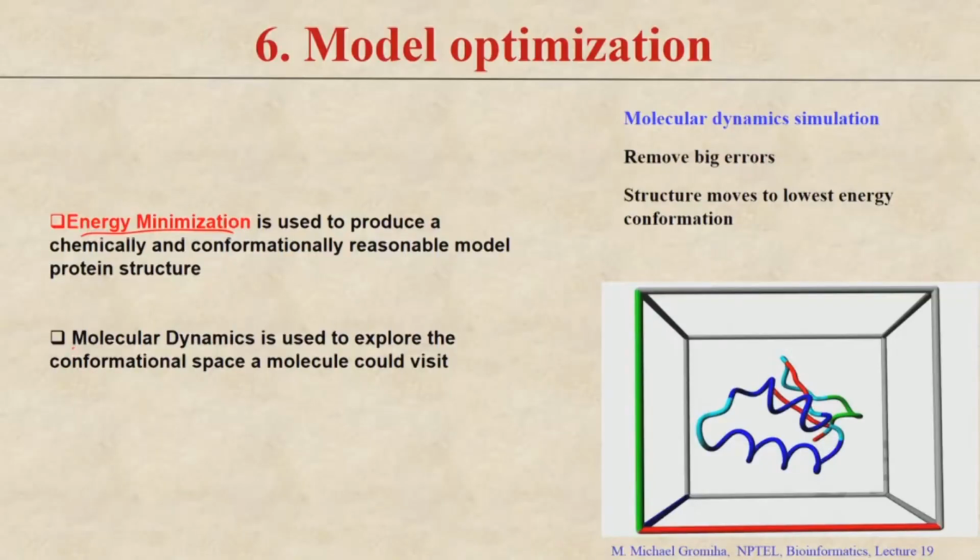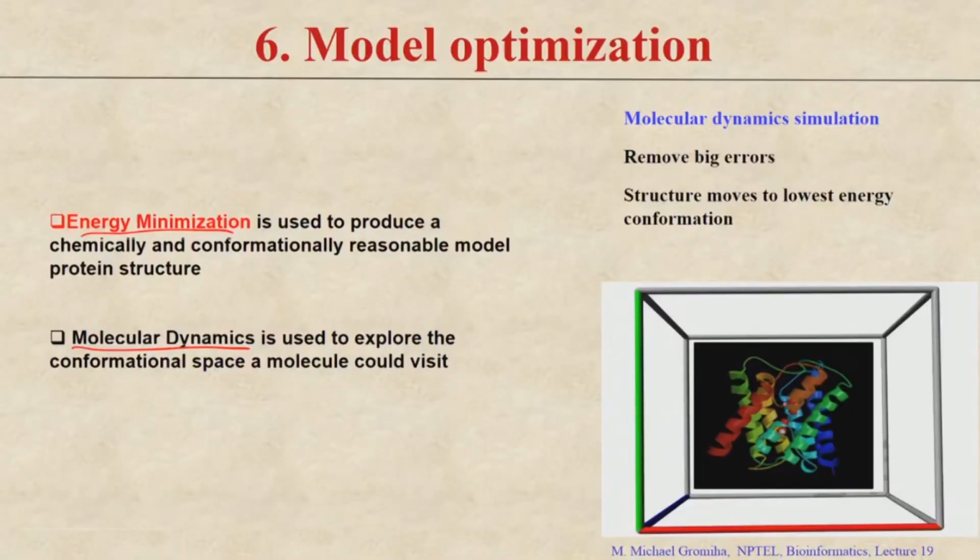Then we can also use MD dynamics simulations to see what possible conformations your protein can visit over different periods of time. This can also help to remove large errors, and it can give a low energy conformation.